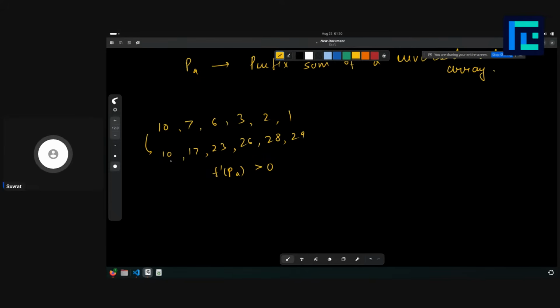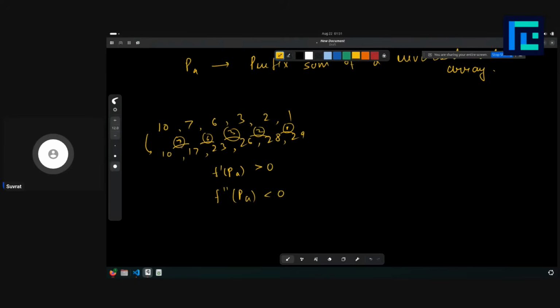The function would be increasing, right? But the rate at which it increased: here it was increased by 7, here by 6, here by only 3, here by 2, here by 1. So basically this increase is the slope, and slope is always decreasing. So f double dash of PA would be negative.